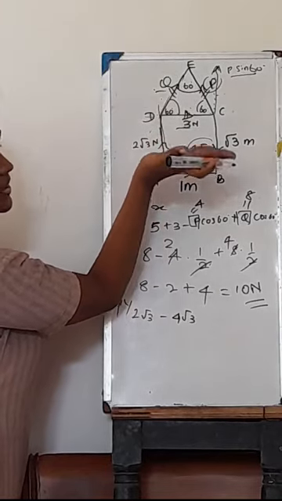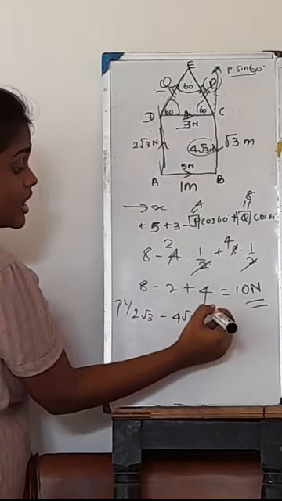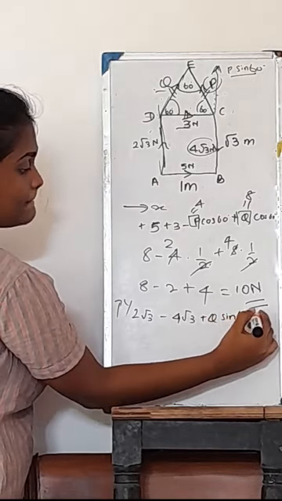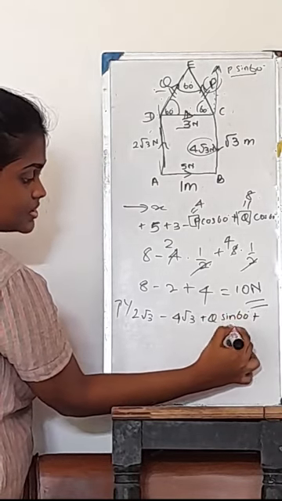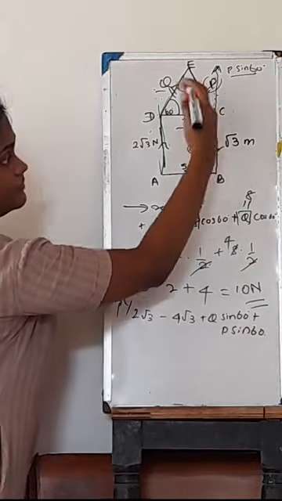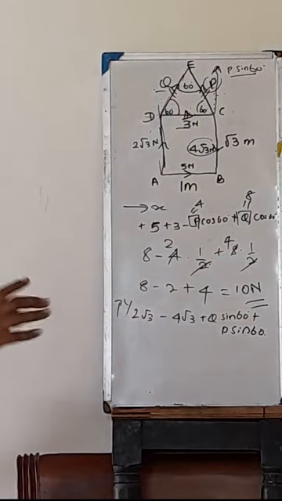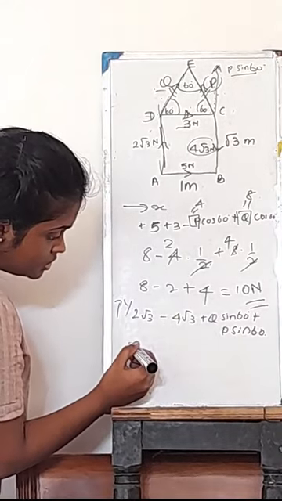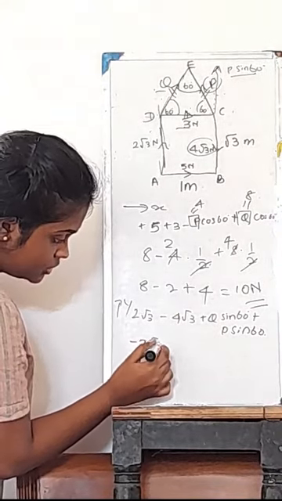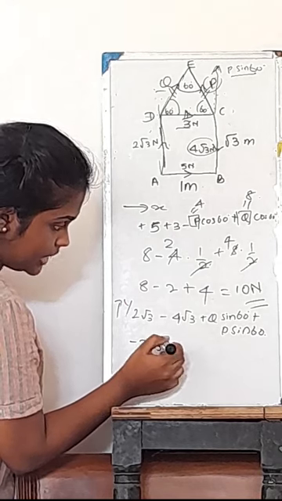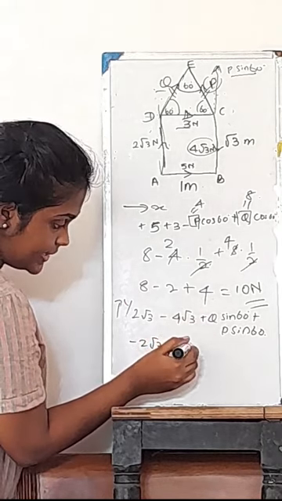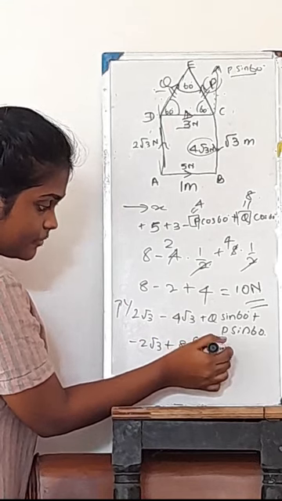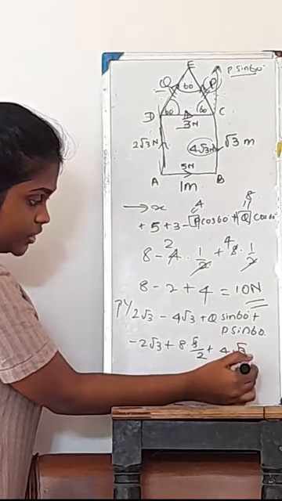Q, when it's resolved away from the angle, is plus Q sine 60, plus P sine 60. We can simplify this. So it's minus 2 root 3 plus Q, you know, it's 8 root 3 over 2 plus 4 root 3 over 2.